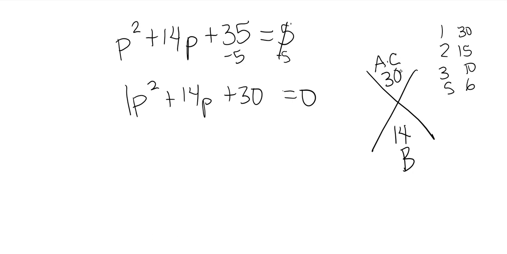So if we're multiplying to get a positive and adding to get a positive, both of our numbers have to be positive, and none of these, when we add them, equal 14. So this is an example of a problem that can't be factored. So we would want to try, all right, well, a equals 1. That makes it easy to complete the square if a is equal to 1. It's even easier if b is 2. So let's try completing the square here.